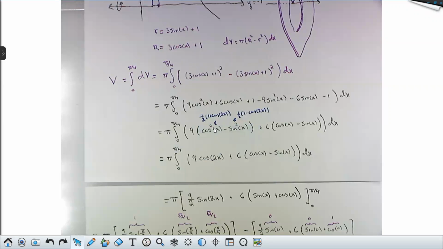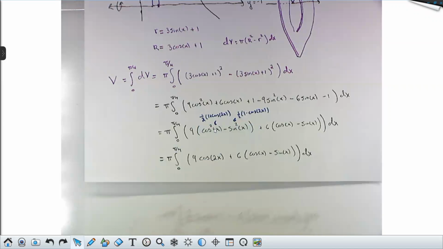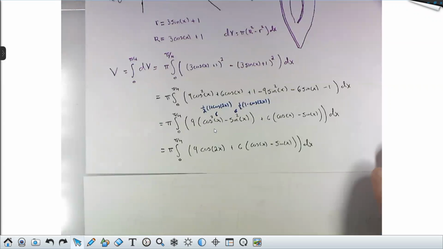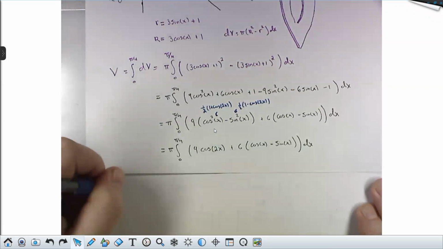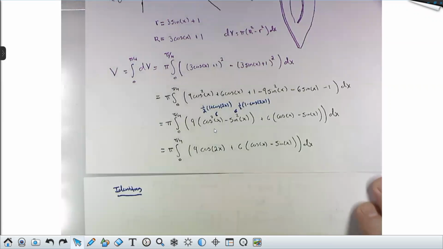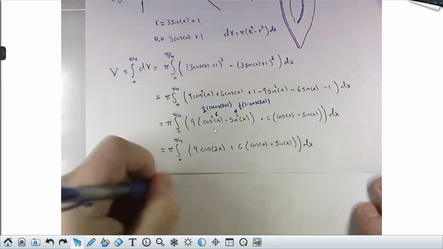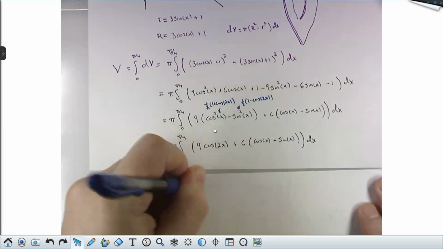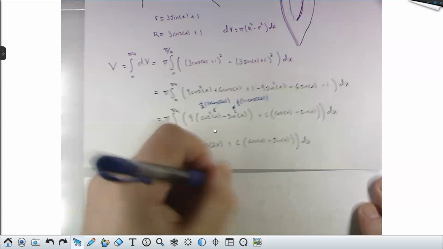Yes. All right. So let me flip this page over so we can annotate a little bit. One of our identities, if you look back on that day where I gave you a list of identities, is just straight up cos squared x minus sine squared x is cos 2x.